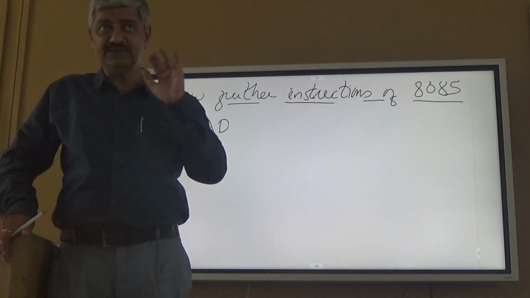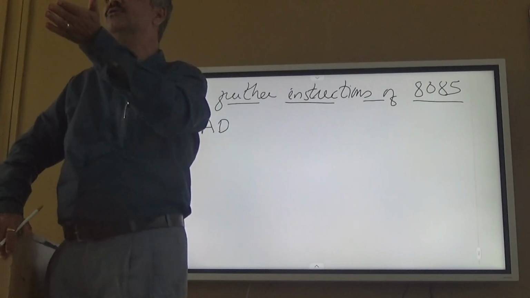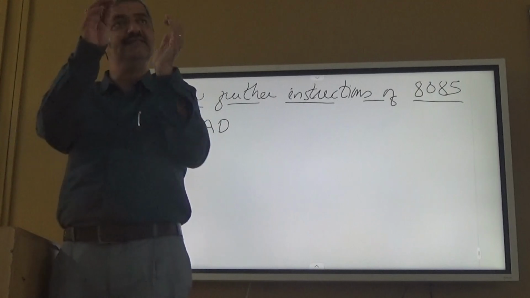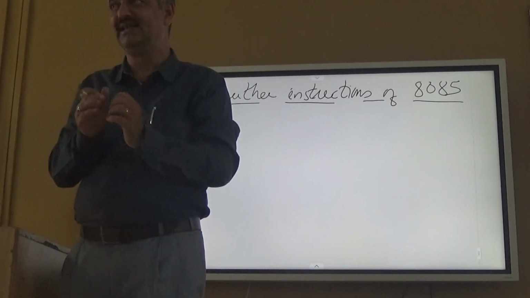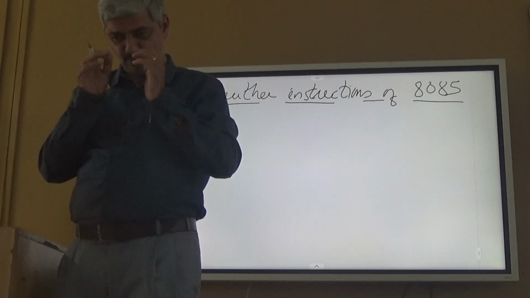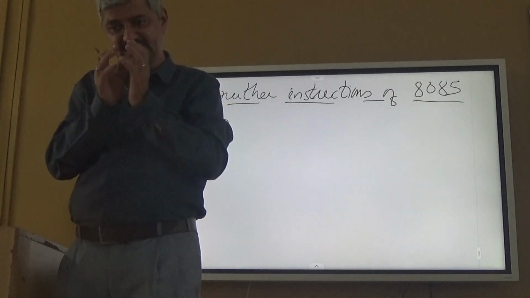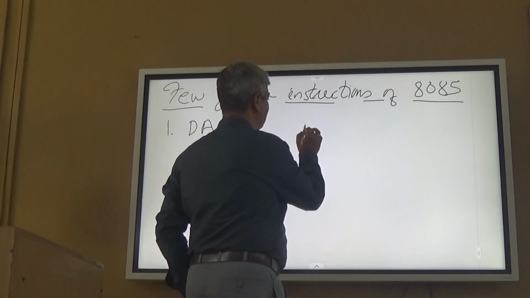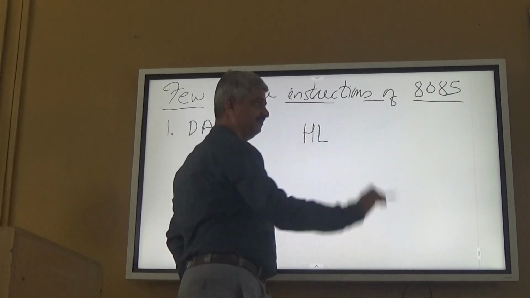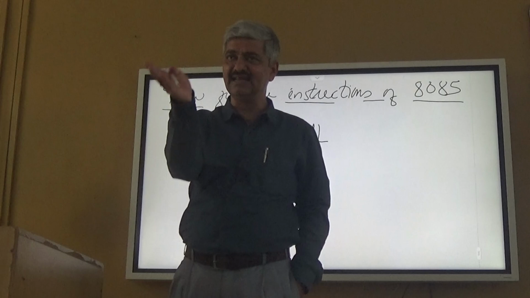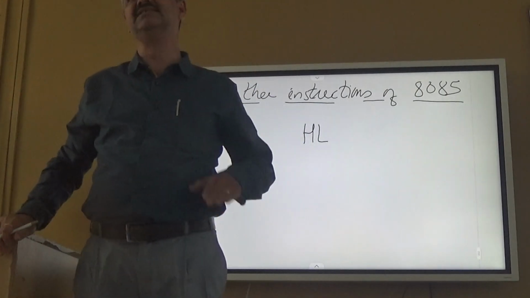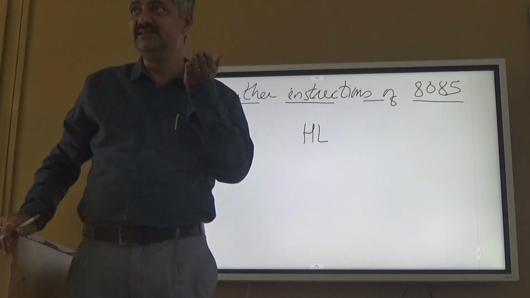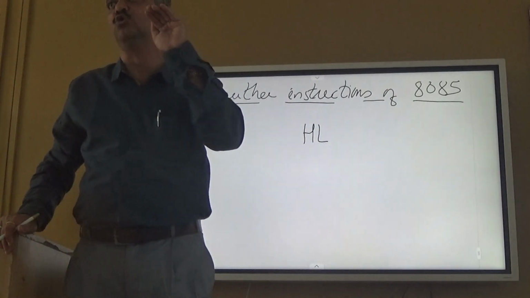Now there is no point in asking you what you will do because it is all done by the 8085 designers. The 8085 designers have made a provision for these 16-bit operands as follows. They have provided HL, that is the H and L register pair, as the default source as well as the default destination for the lower 2 bytes.